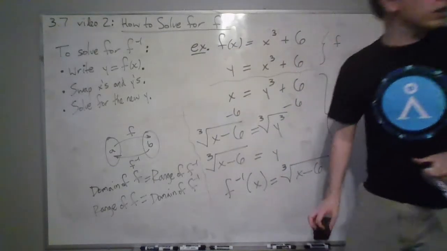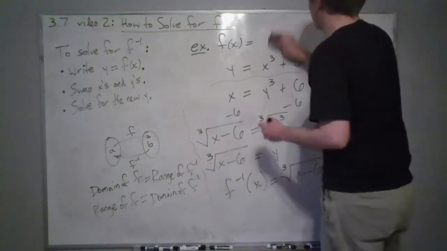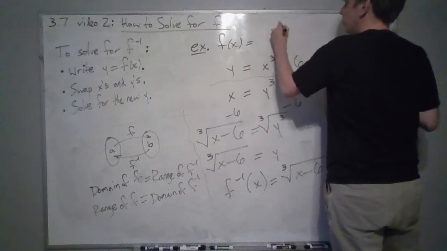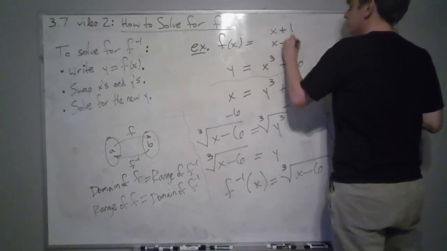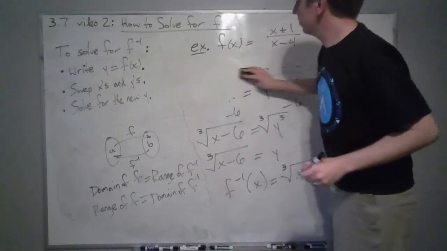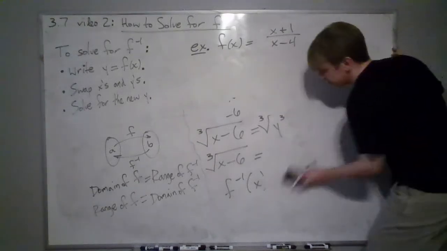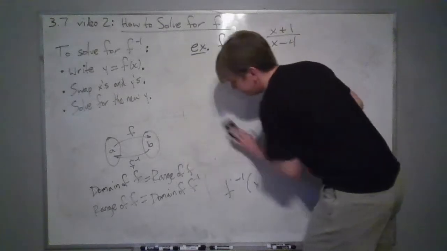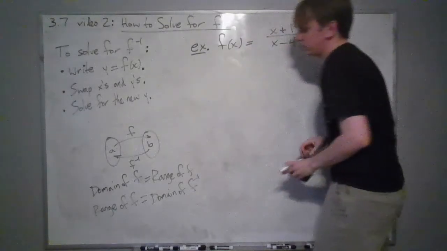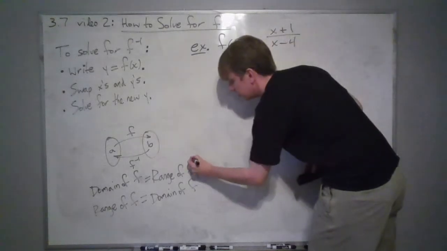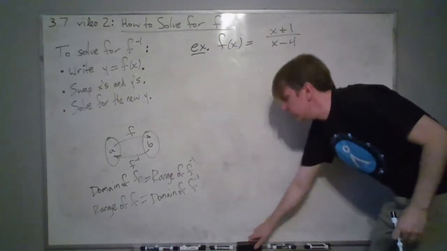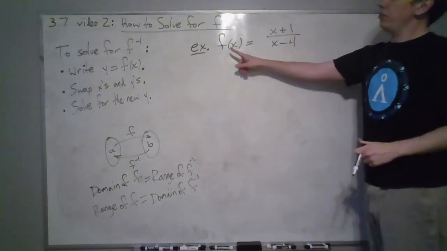Change the function f of x. I will pick x plus 1 over x minus 4. Okay, so I'm supposed to write, instead of f of x, y.